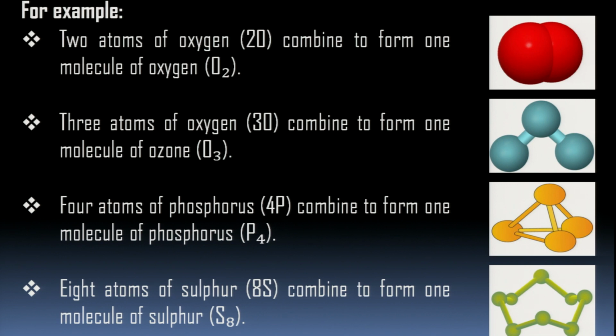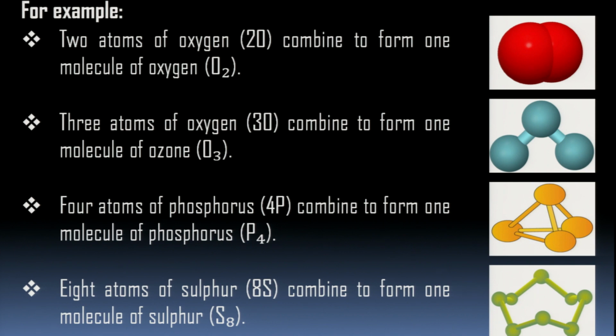You can see the 3 atoms of oxygen. They have combined to form ozone. Similarly, 4 atoms of phosphorus combine to form one molecule of phosphorus, P4, and 8 atoms of sulfur combine to form one molecule of sulfur.